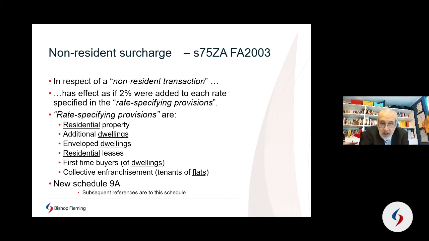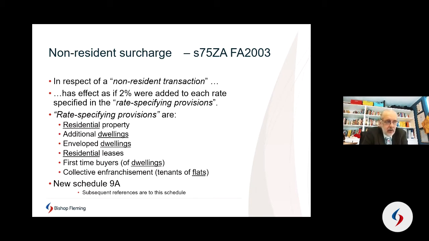And collective enfranchisement for tenants of flats pay flat 15% above a certain level, flat 17% now if they're non-resident. So the theme there is residential transactions. Anywhere you've got residential property and a non-resident purchaser, we have an additional 2% to apply. And then the detailed rules are in a new schedule in the Finance Act.